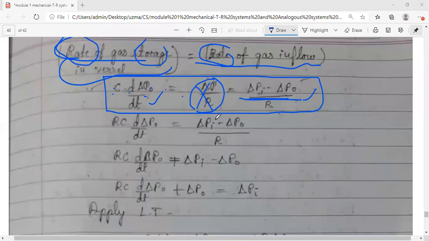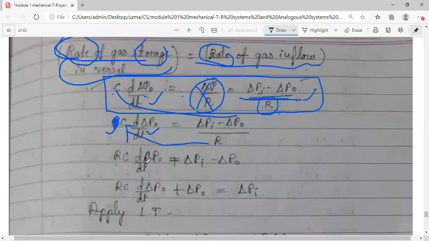So simple rearrangement is there. The R in the denominator, you just multiply it: RC d by dt of delta P naught is equal to, I think I have made some mistake. I should not have added R here. In the next step I should have added. So remove this. It will be C. This is equal to, same thing I've written one more time, and multiply this R here.